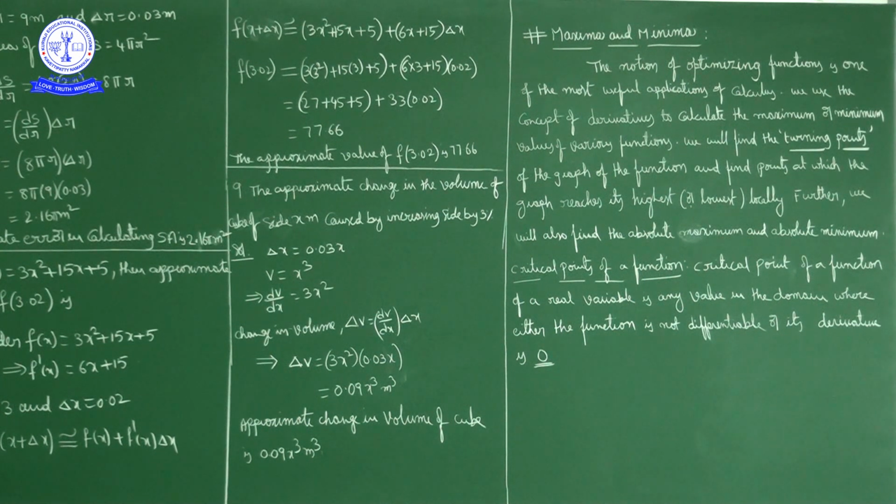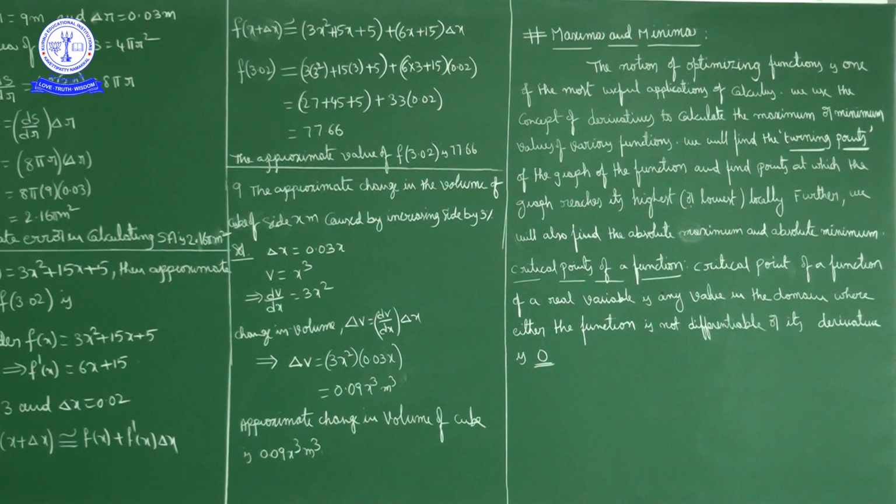Turning points, what does turning point mean? Now if you observe the sin x graph, for example if you are drawing from 0 to pi, the sin x graph increases from 0 to pi by 2, after that it starts decreasing up to pi. Now what is the turning point of sin x in the interval 0 to pi?